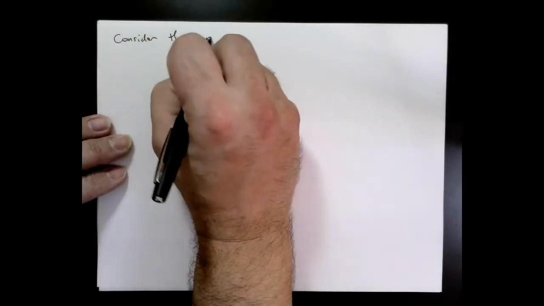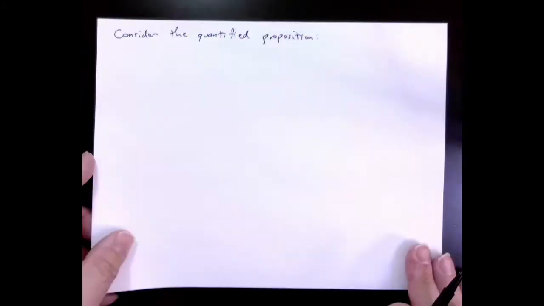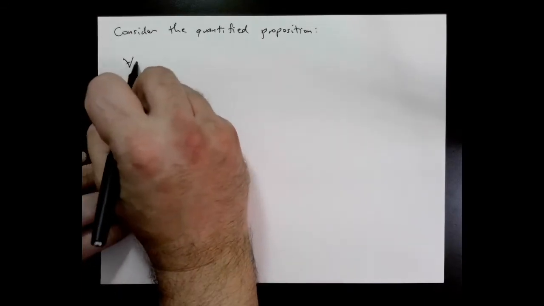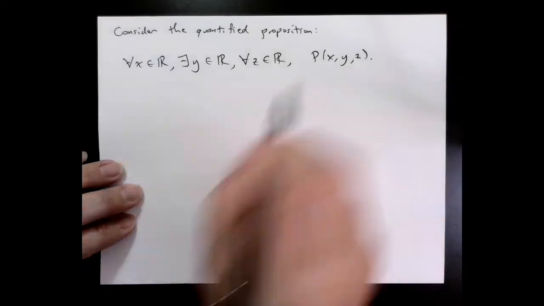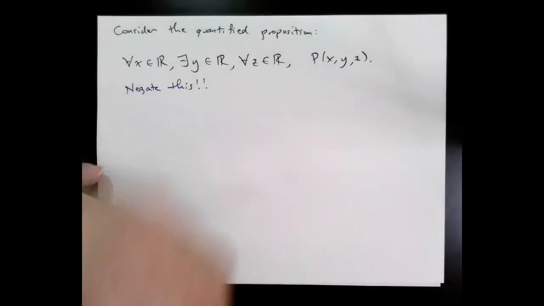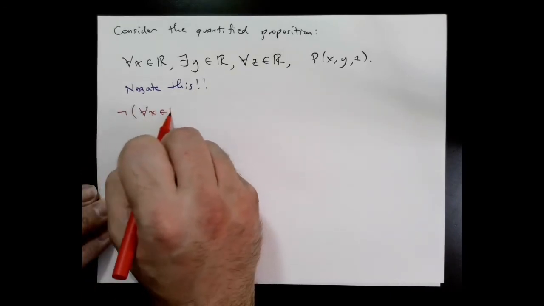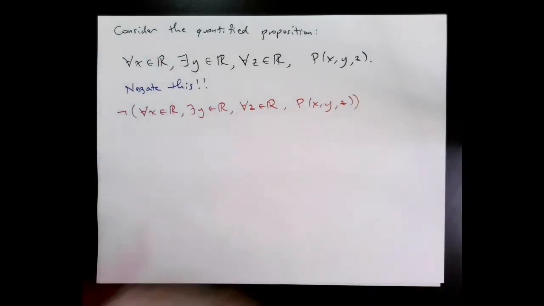Here's a more complicated example. Consider the quantified proposition, for all real x, there exists a real number y, such that for all real z, p of x, y, z is true. So how do we negate this? The rule is just this. We can slide the negation symbol from the outside to the inside, just making sure that every time we pass it through a quantifier, we are careful to flip the quantifier.